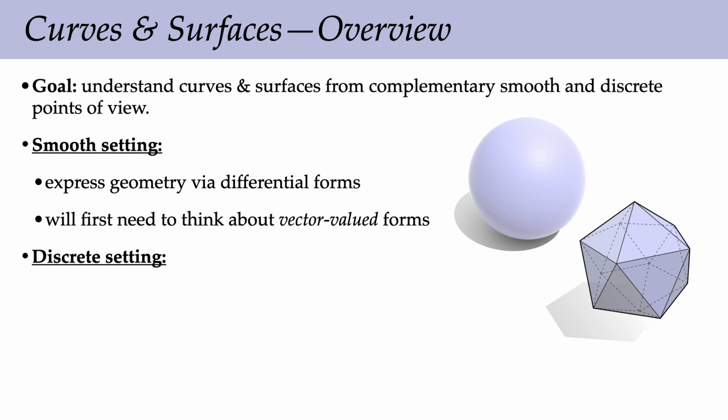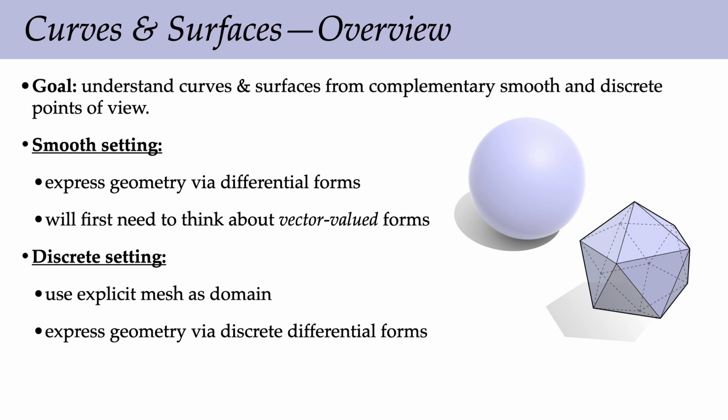In the discrete setting, we're going to use an abstract mesh, like an abstract simplicial complex, as our domain, and we're going to describe the geometry of that abstract domain using discrete differential forms, using values associated with the vertices and edges and faces of this abstract mesh.